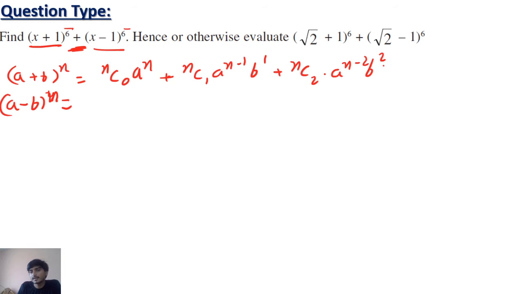Right? So like that it will keep on going. Next thing will be nC0 a^n.